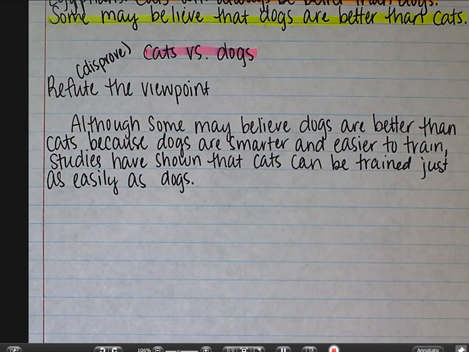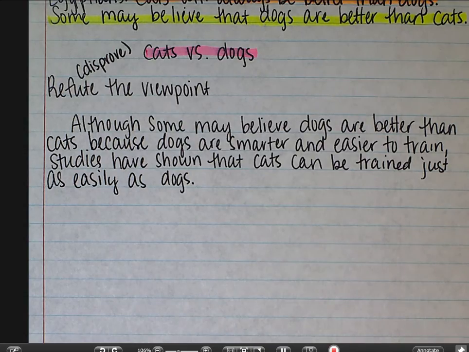Now, I kind of fibbed a little bit because it's just an example, but if your author is disproving or refuting the viewpoint, your author is always going to provide some sort of evidence that tells the reader you're wrong. So in this one, the evidence was studies show that cats can be trained just as easily as dogs. If I was writing this in a real newspaper article, I would obviously cite evidence there.